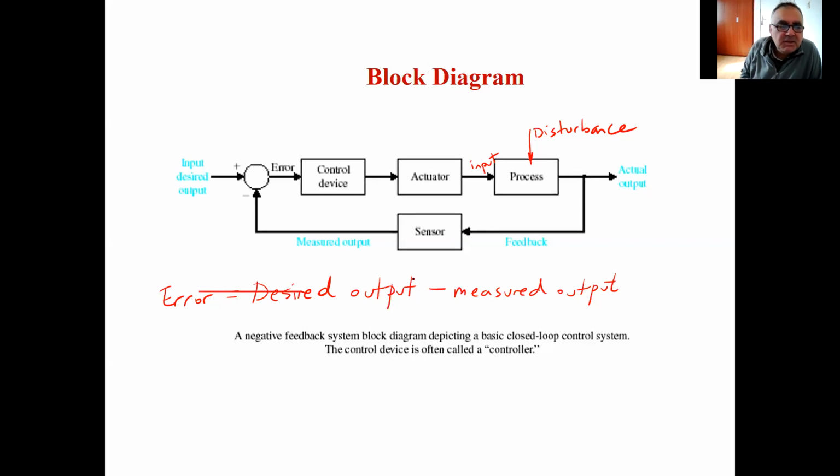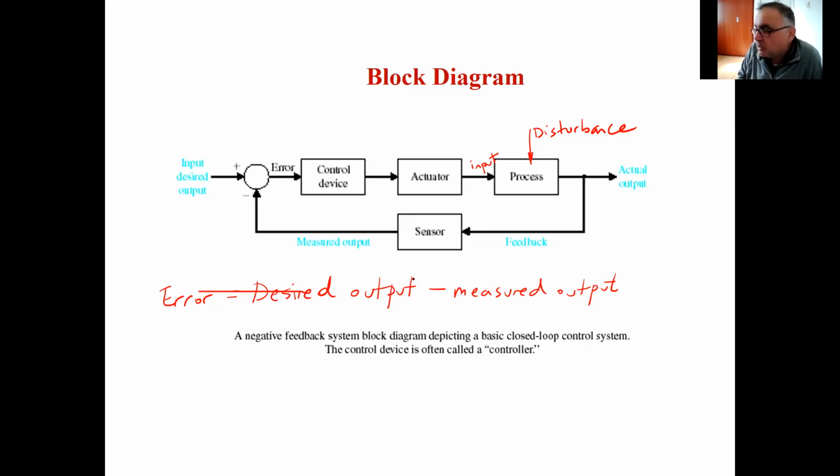And eventually, as the measured output becomes the same as the desired output, the error becomes zero. And when the error is zero, the heater stops. It doesn't heat anymore.